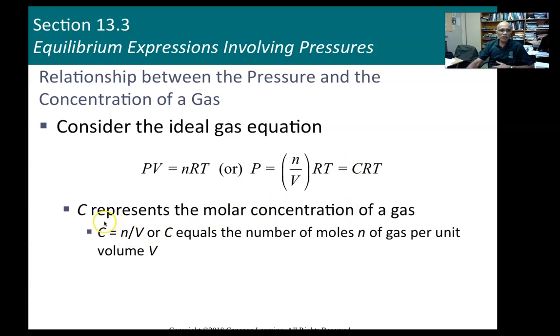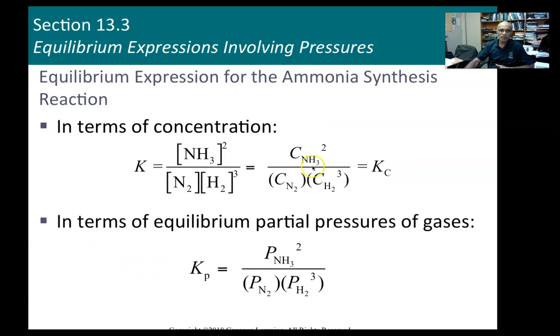So what we can do, instead of substituting concentration, we can substitute in the ideal gas term. So we know that in equilibrium constant, this is concentration. That's what we call Kc. Remember, I told you this is Kc because it is dealing with the concentration.